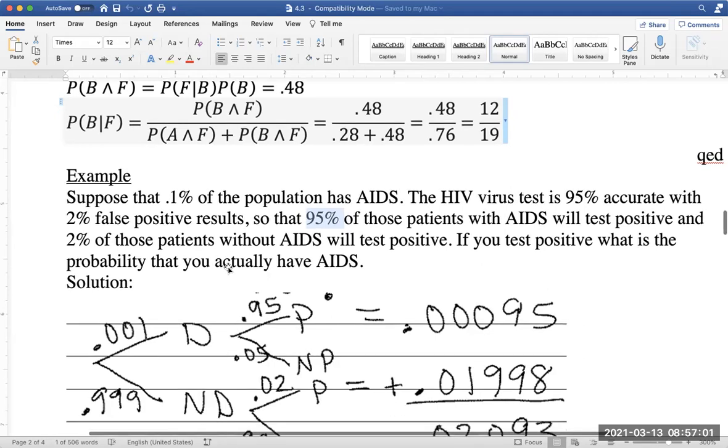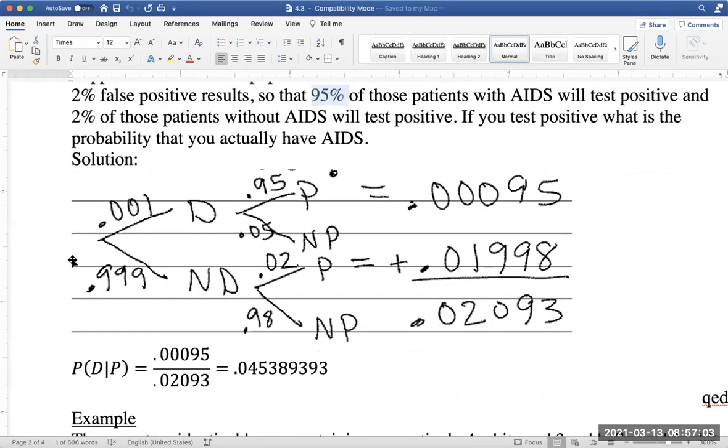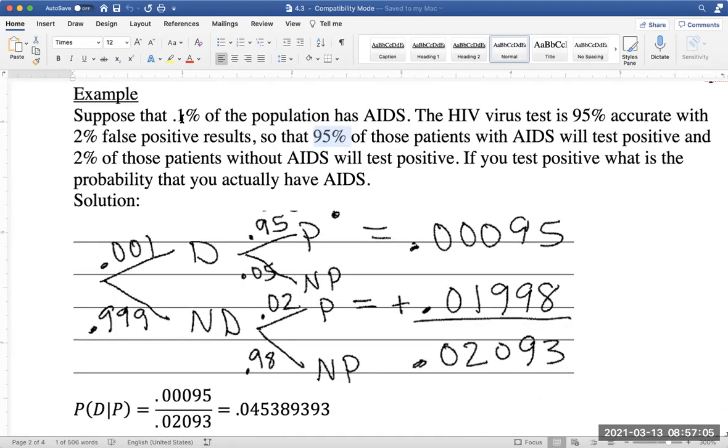So let's go through and see what it actually is. 0.1% of the population has the disease. So 0.001 has the disease, therefore 0.999 do not have the disease. 95% of those patients with AIDS will test positive.